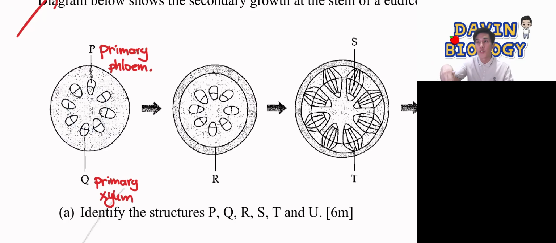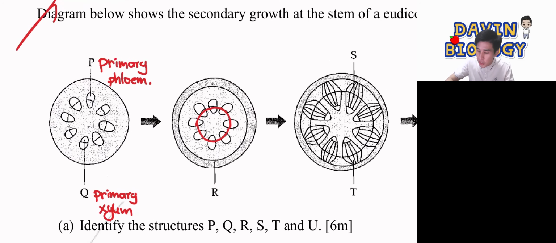So secondary growth starts when the vascular cambium undergoes mitosis to form a ring. Actually in the second picture, you're supposed to form a ring like this, so there's a bit of a mistake here. This ring is called the cambium ring. Now this ring will then undergo mitosis inwards and outwards, so you become thicker.